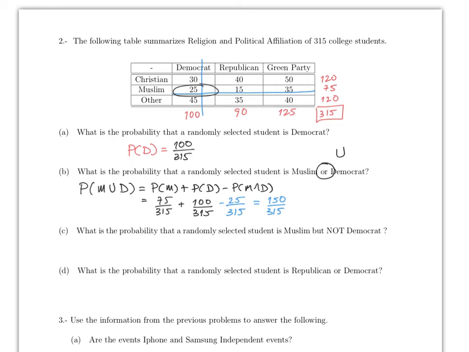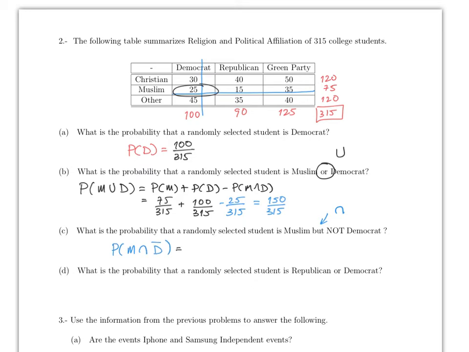All right, so let's move on to part C. So part C is asking, what's the probability that the person is Muslim, but remember the sad face can also mean "not", is not a Democrat. Okay, so now this one should be easy to get the answer just from the table.